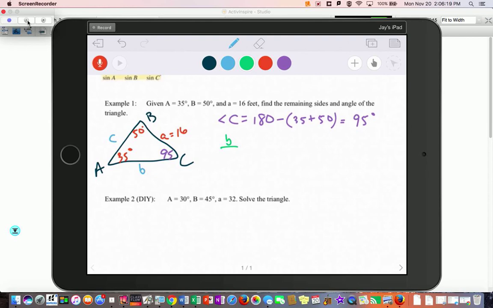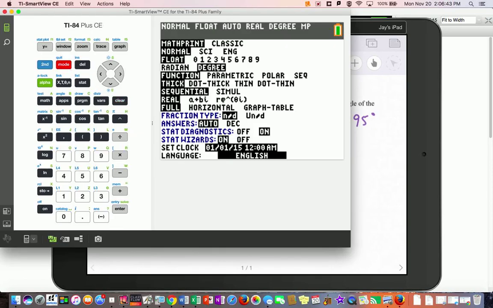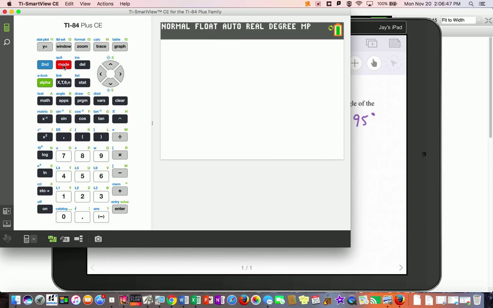Now, let's go ahead and find little b. I put little b over the sine of 50 is equal to 16 over the sine of 35. The only thing I have to do is multiply both sides by the sine of 50. On my calculator, we're going to make sure we're in degree mode, which I am.